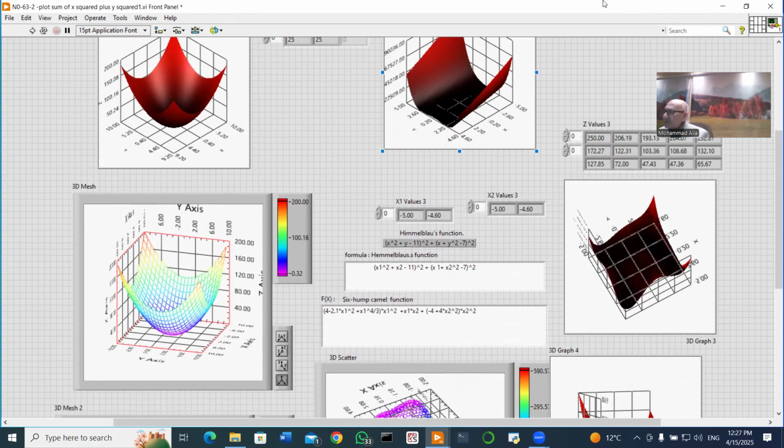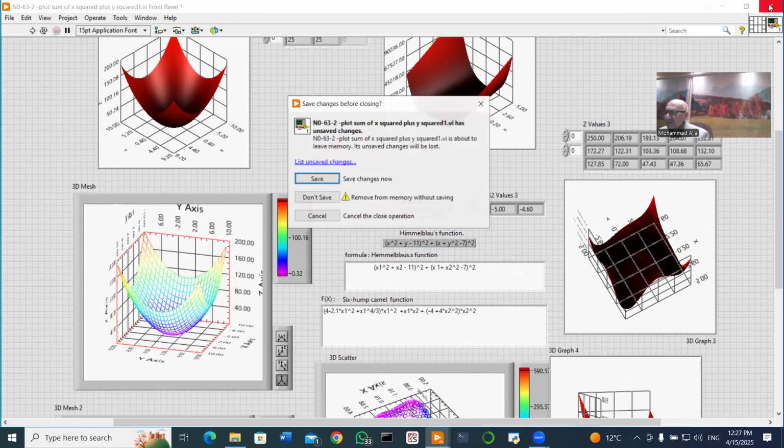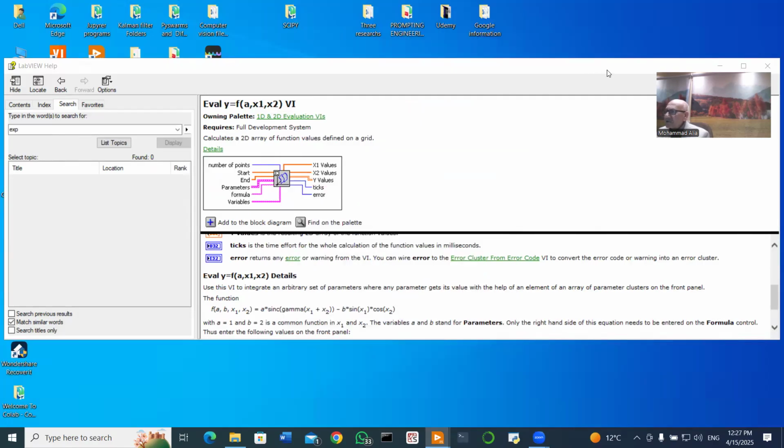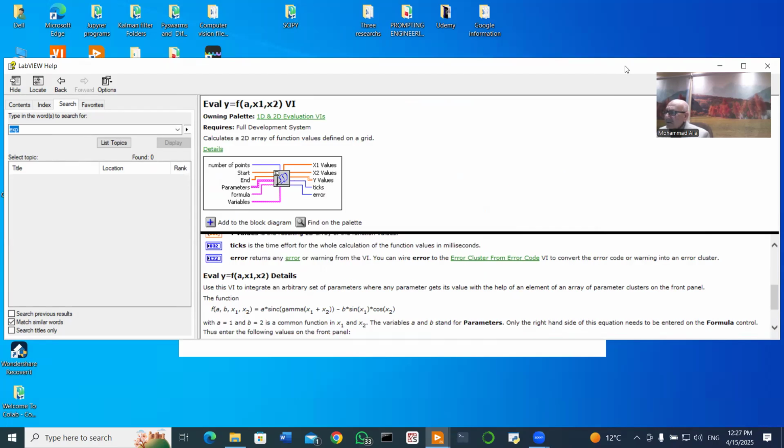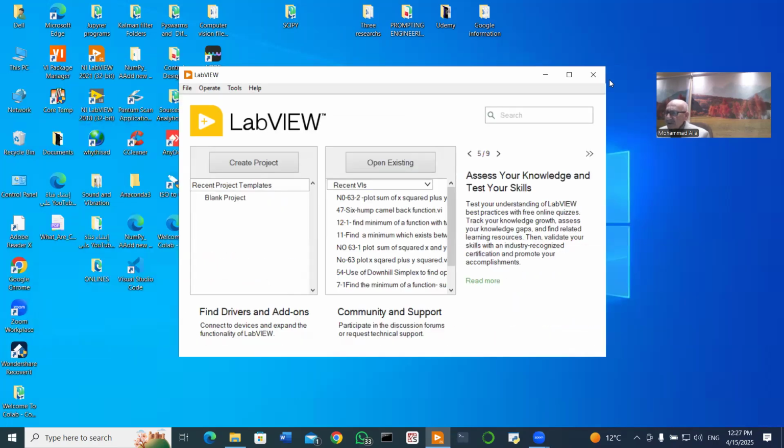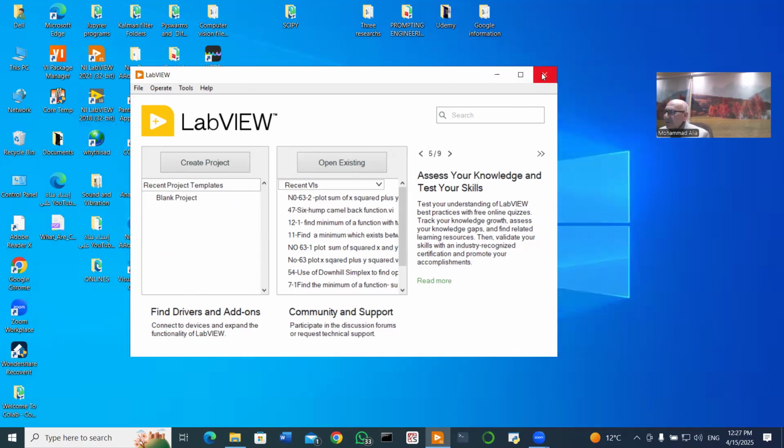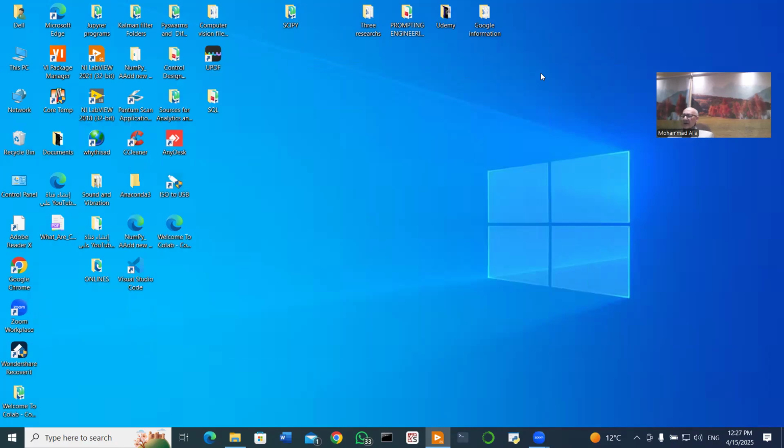Now, what we have done: we have plotted the three-dimensional plots in LabVIEW and in Python, but we have to work with optimization of two-variable functions by using another means in addition to what we have done.